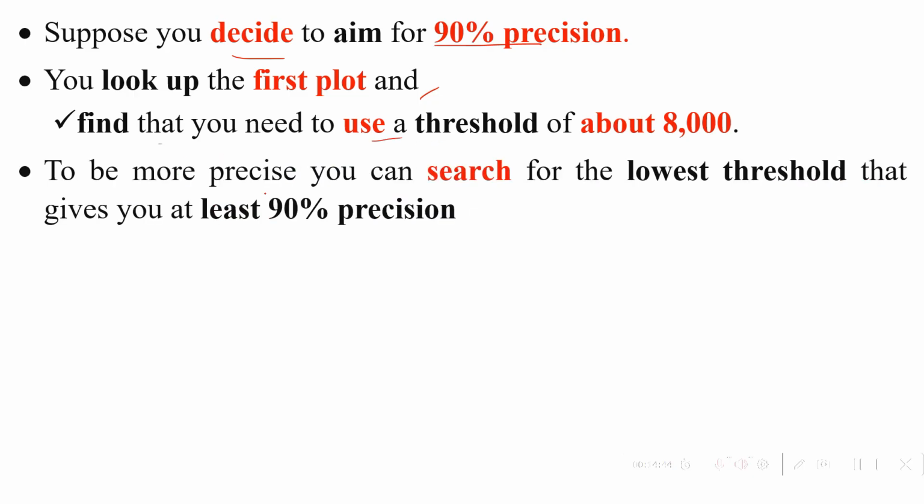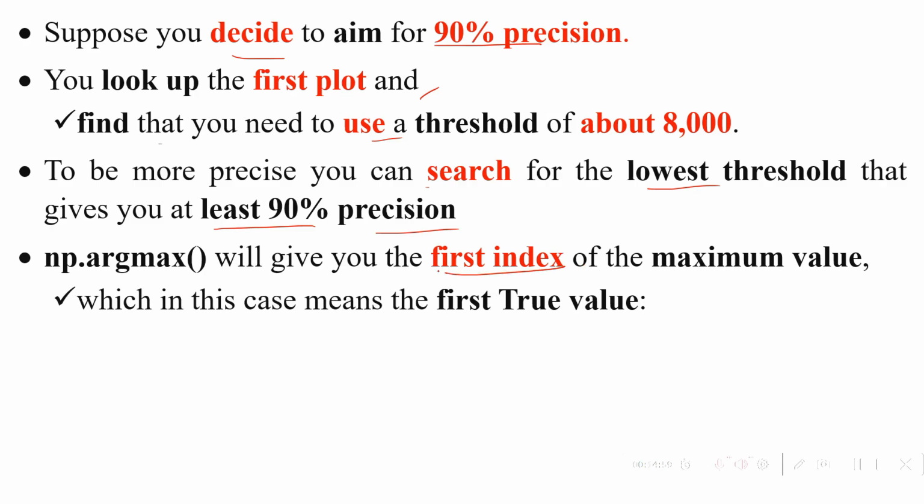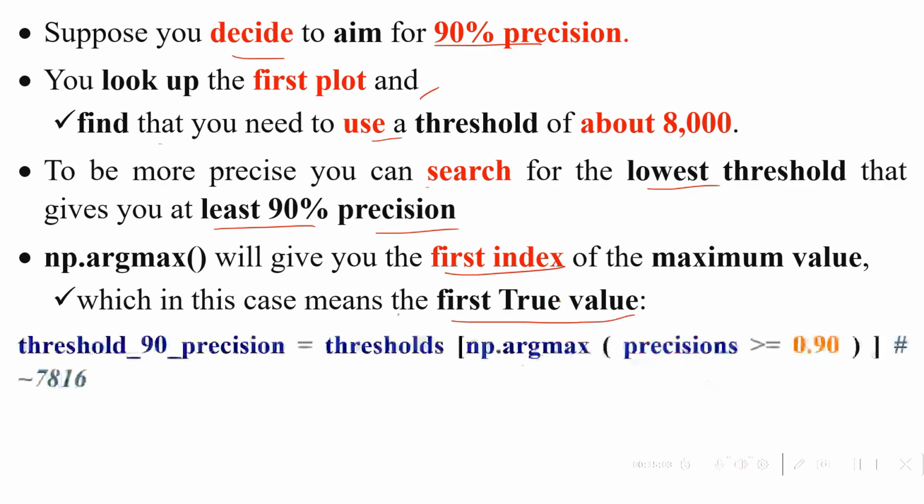To be more precise, we can search for the lowest threshold value that gives at least 90% precision. np.argmax will give the first index of the maximum value, which in this case means the first True value. So threshold_90_precision equals thresholds[np.argmax(precisions >= 0.90)].